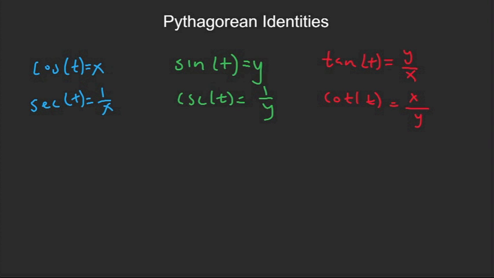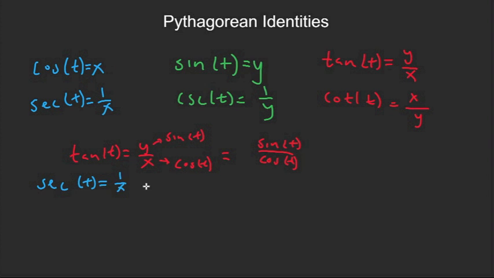Okay, so if we look at tan of t, this is y over x. And since we know that y is sine and x is cosine, we can rewrite tangent of t as sine of t over cosine of t. We can do the same with all the reciprocals. So we know secant, again, is 1 over x, which is just 1 over cosine of t.